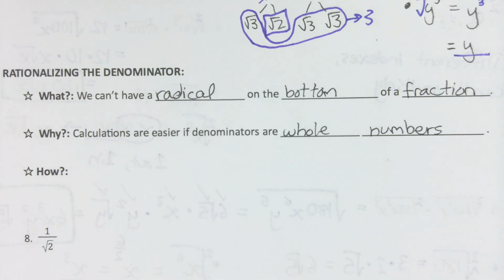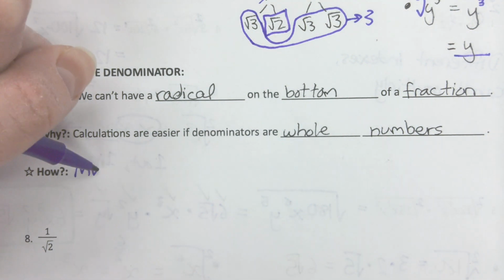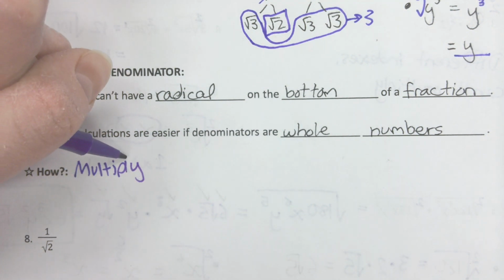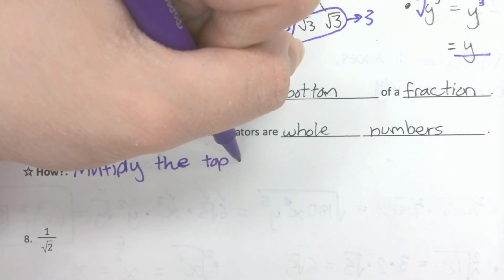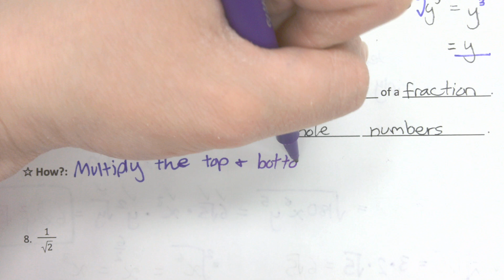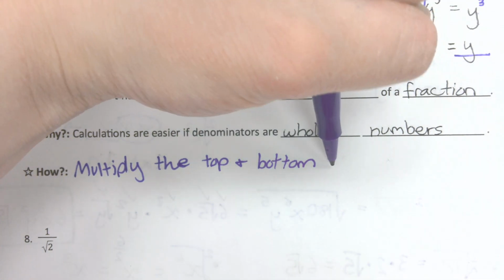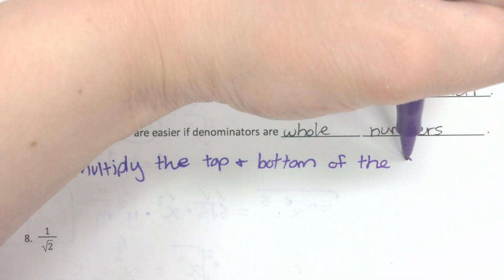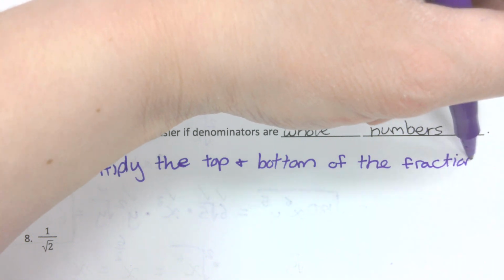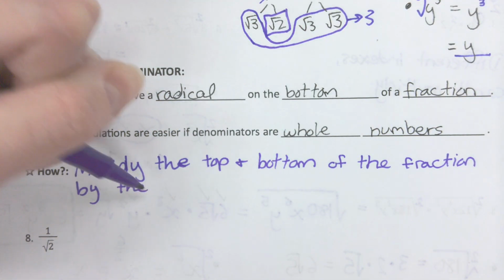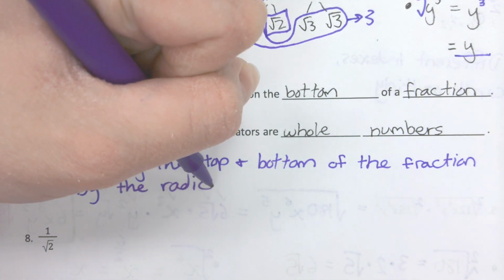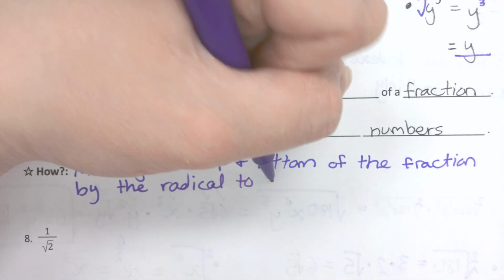The how is the most important part, so we are going to write that one by hand. How we fix it, how we do this process. Multiply the top and bottom of the fraction by the radical to get rid of it.